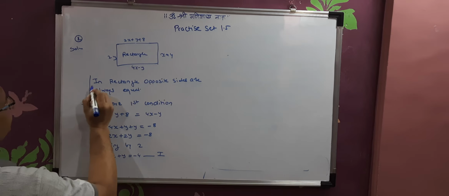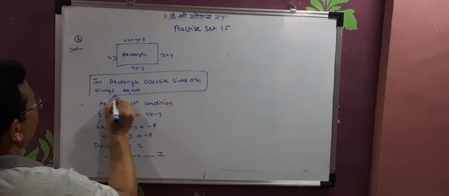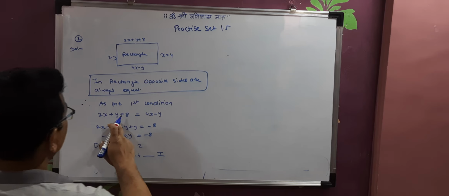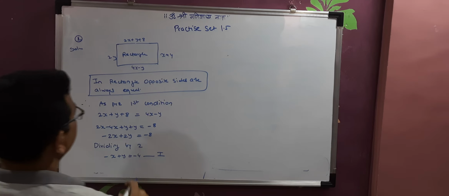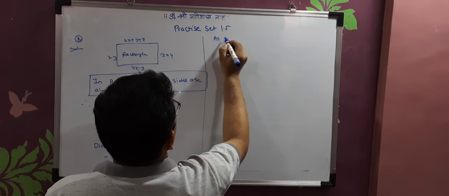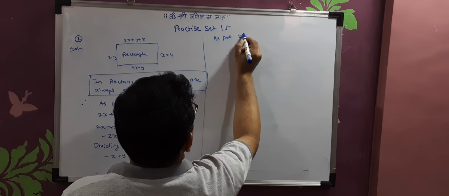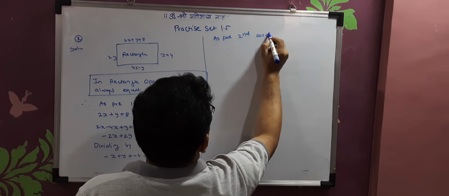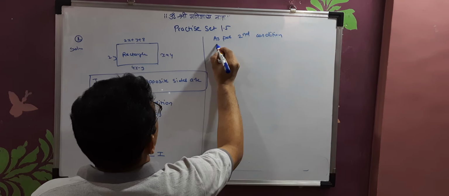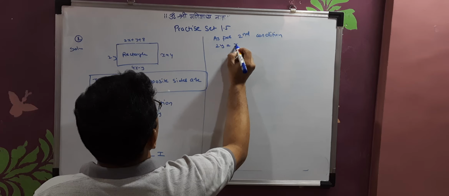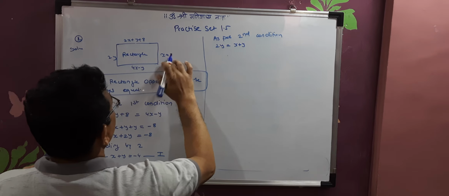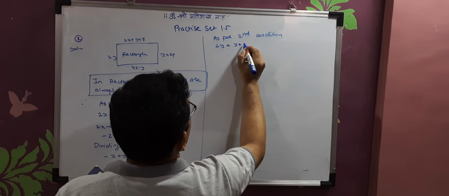Remember this. On the basis of this, we are going to solve the problem further. As per the first condition, 2x plus y plus 8 is equal to 4x minus y. Now as per the second condition, what they have written, this is 2y is equal to x plus 4.